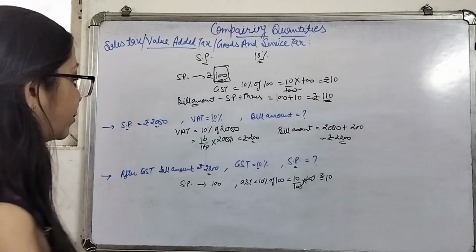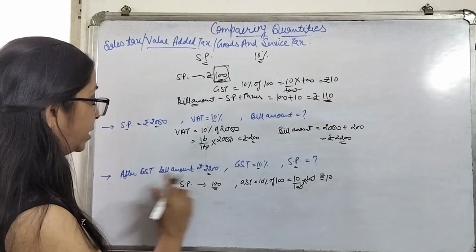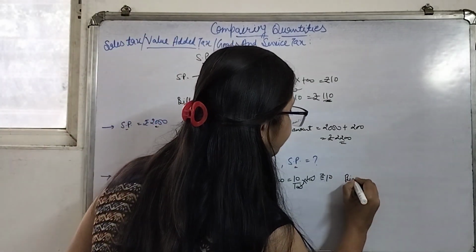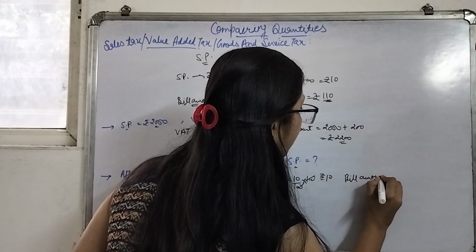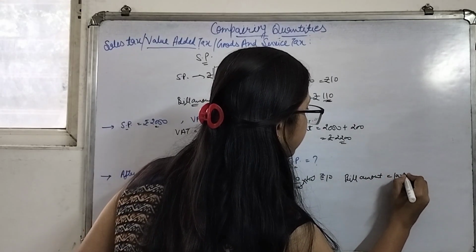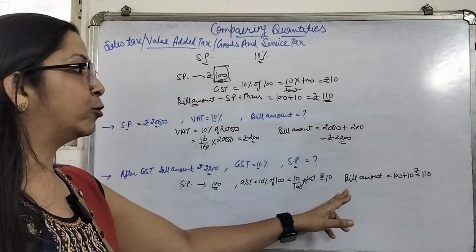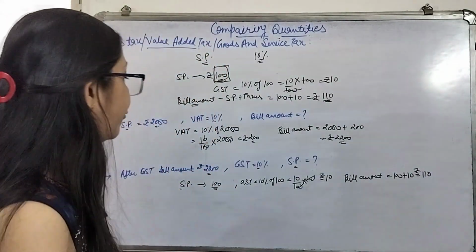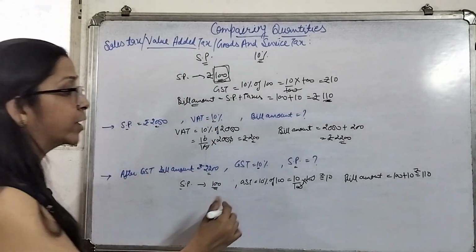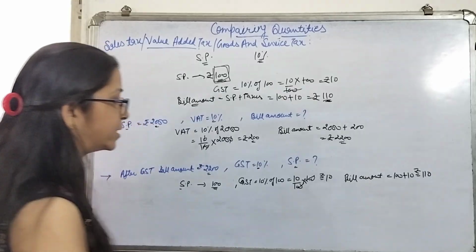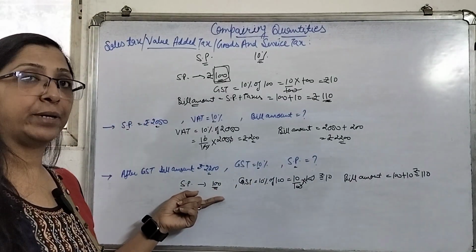That means if the selling price was 100, your bill amount was 100 plus 10, that is 110 rupees. The bill amount was 110 rupees if your selling price was 100, because GST or whatsoever the taxes are, it is applied on your selling price only.